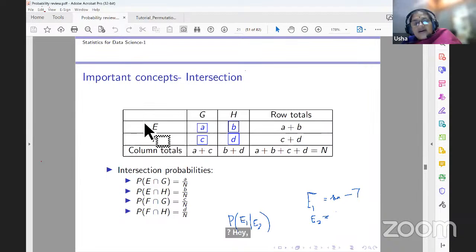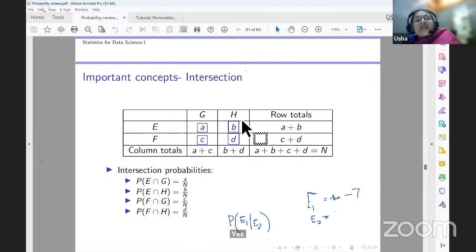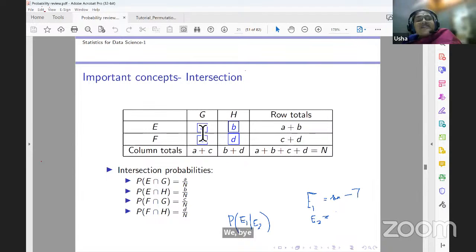Only E. Out of this, how many are G? It is A divided by A plus B. Similarly, if I am looking at H conditioned on E, what would that be? B divided by A plus B. So what is this A? It is nothing but probability of E intersection G divided by probability of E.